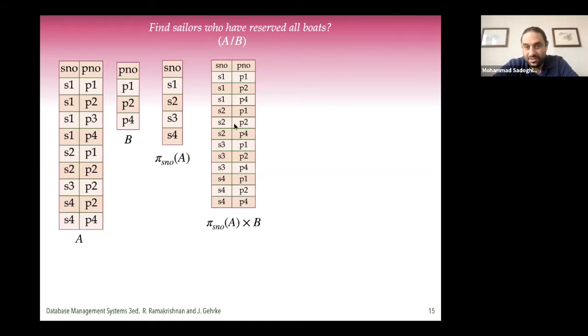We just constructed the cross product that gives us a scenario in which every sailor has reserved every boat. And we also have the reservation data. Using these two, we should be able to identify those sailors who have reserved all boats, because we know what it will look like if every sailor had reserved every boat.